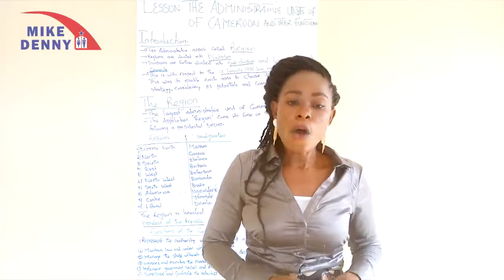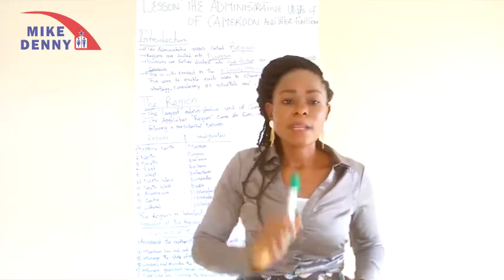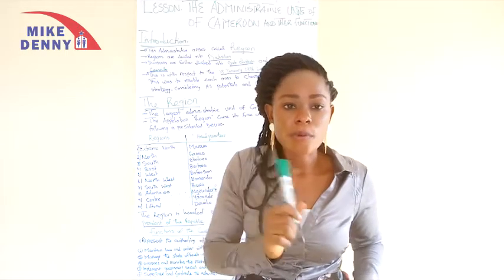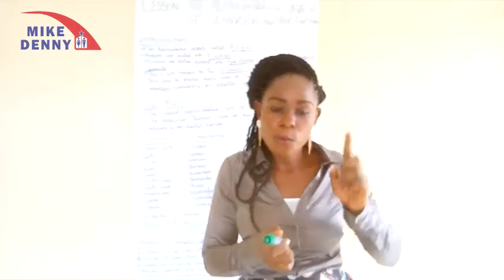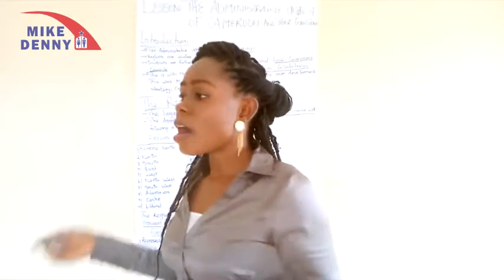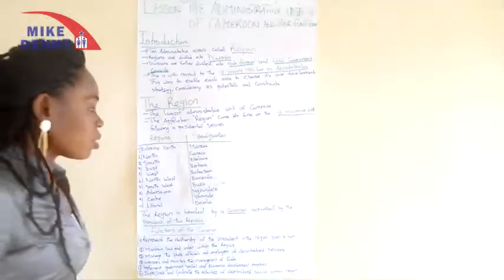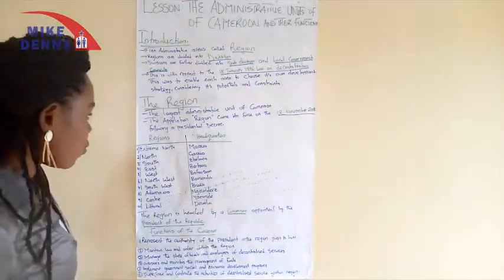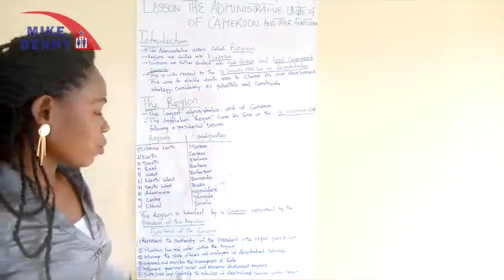But on the 12th of November 2008, the President of the Republic deemed it necessary to change the name from province to region. And that is why today we can now have Northwest Region, East Region, West Region, and so on and so forth.